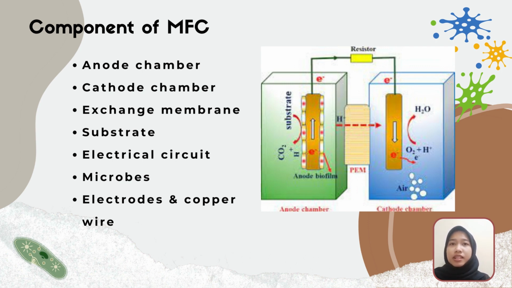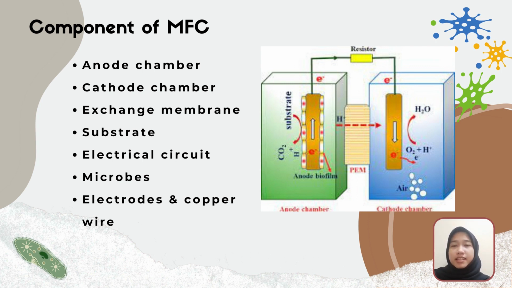Exchange membrane functions as a cation exchange membrane or as a proton exchange membrane. This membrane allows protons to pass through while electrons and protons are recombined on the other side. Electrical circuits are used by the electrons to exit the anode chamber and supply power to load. The type of substrate used influences the power density, Coulombic efficiency, performance, and economic viability of a microbial fuel cell.